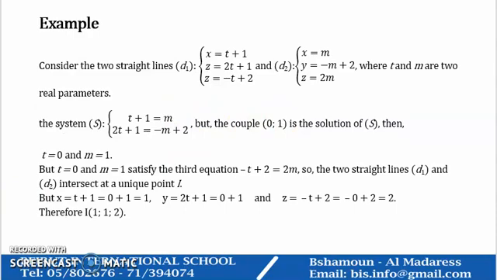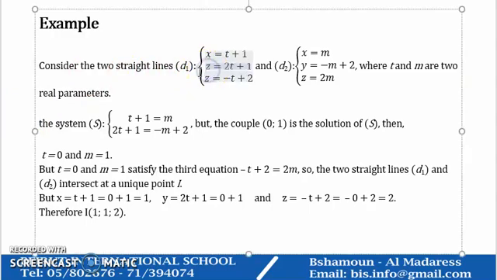Another example: D1 is x equals t plus 1, y equals t plus 2, sorry, I'm going to correct this, y equals 2t plus 1, and z equals minus t plus 2, and D2 is x equals m, y equals minus m plus 2, z equals 2.